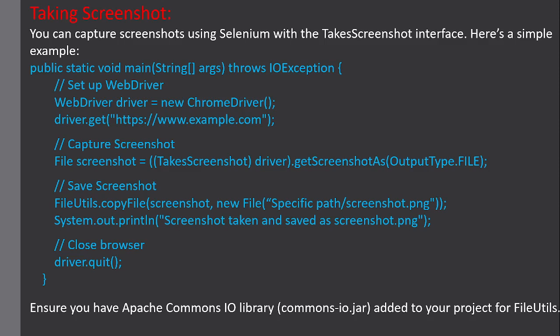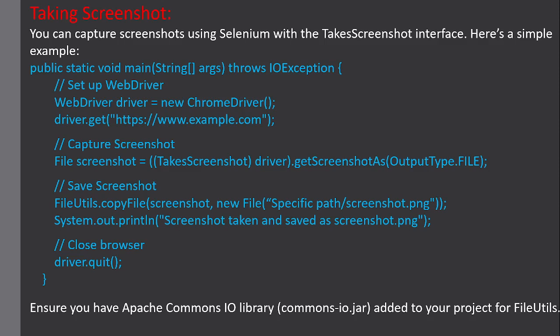File screenshot is equal to TakesScreenshot. We typecast the driver, then dot getScreenshotAs as a method, and inside that method we pass the parameter OutputType.FILE. Once we capture the screenshot, the next step is to save it. FileUtils.copyFile.